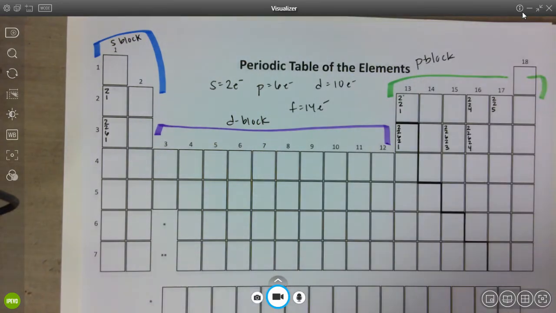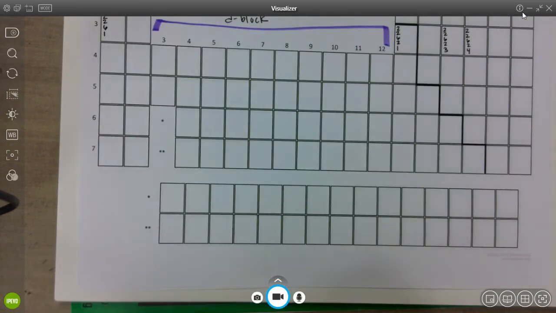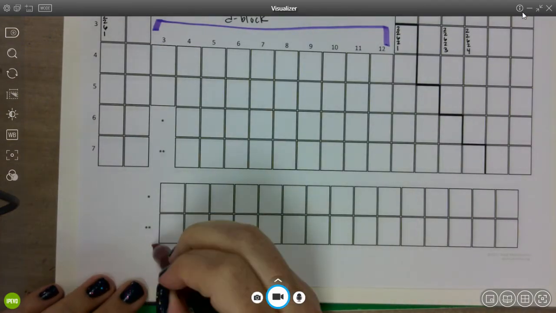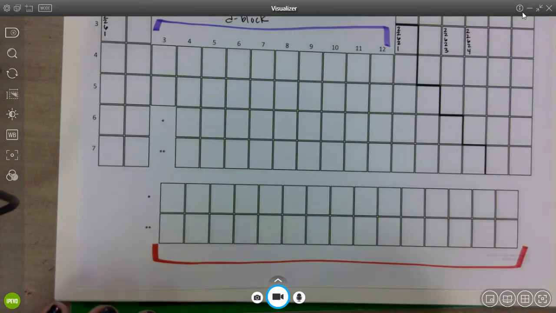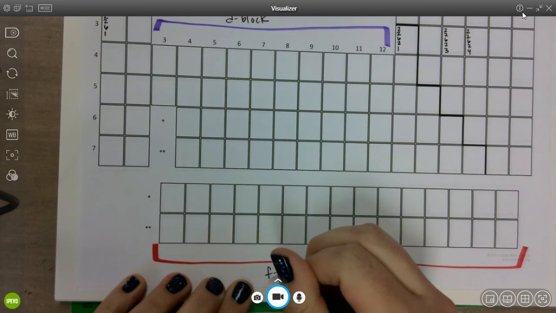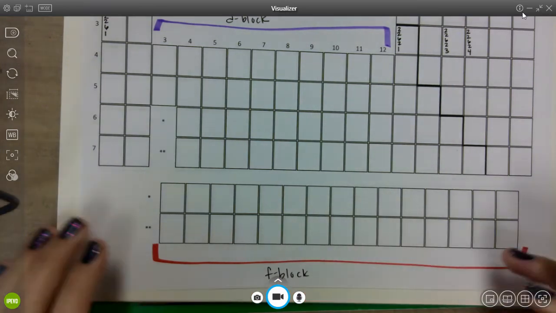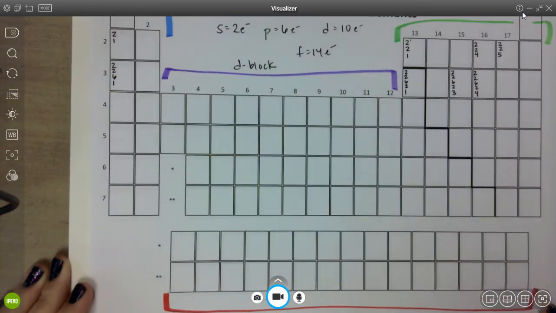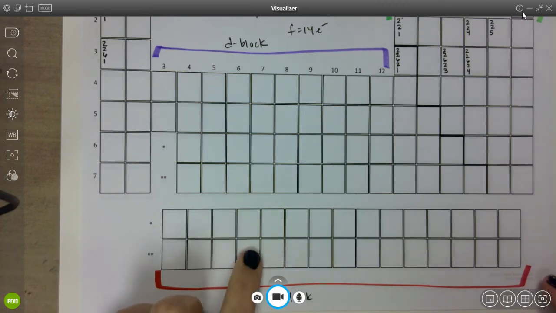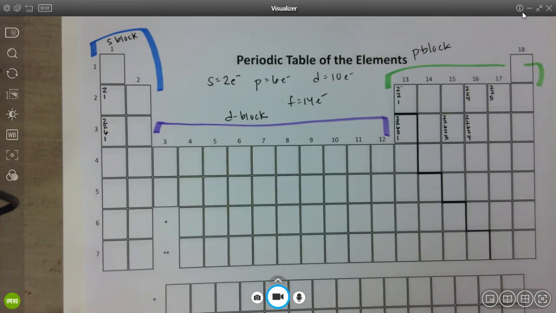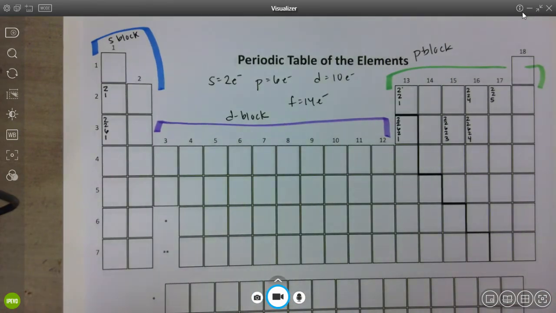Okay. And then lastly, way down here at the bottom, this is called your F block. Now, the F block honestly gets a little complicated, and this year we are going to kind of ignore it because it makes life difficult, but just know that this is called the F block down here, okay? So all of these different types of blocks that we see will help us find our electron configuration.